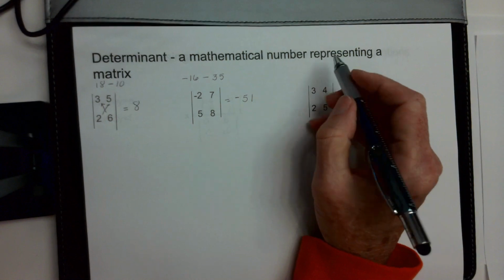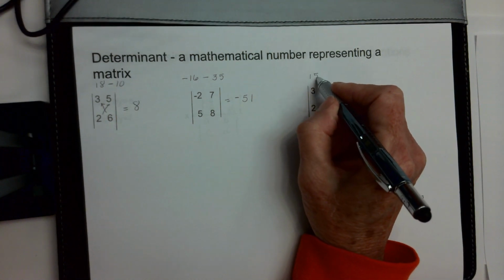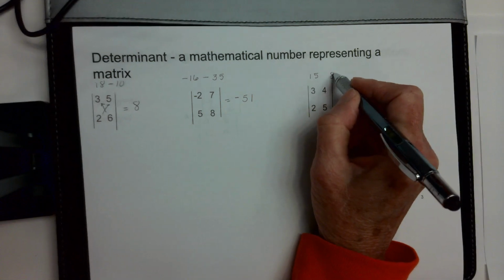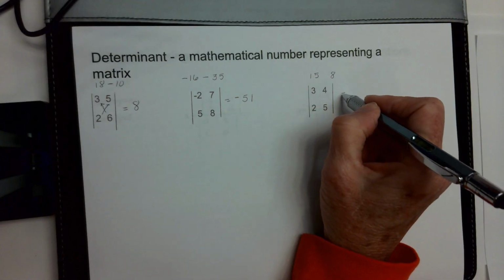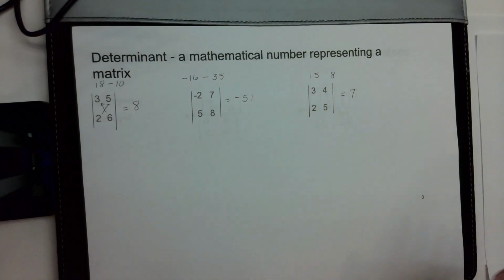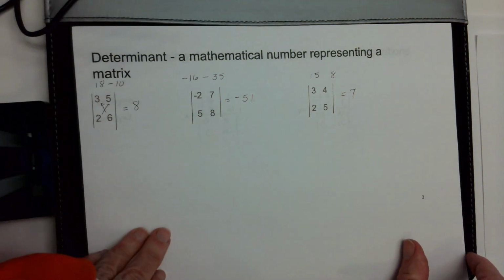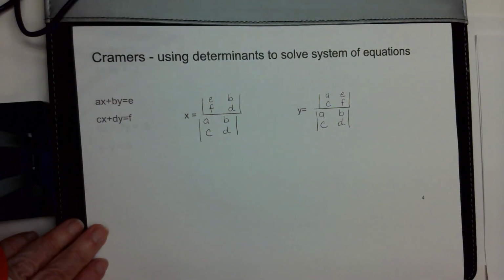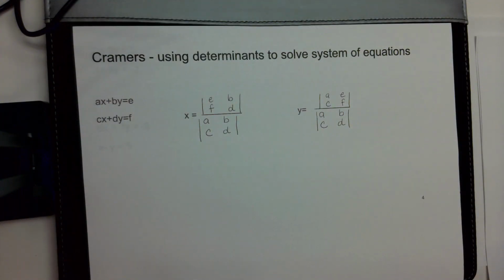Again, multiply up, so that's going to give me a 15. 3 times 5, and then 2 times 4 is 8, so 15 minus 8 gives you a 7. So that's how you find a determinant of a matrix. We're going to take that and we're going to use it using something called Cramer's Rule to solve a system of equations.